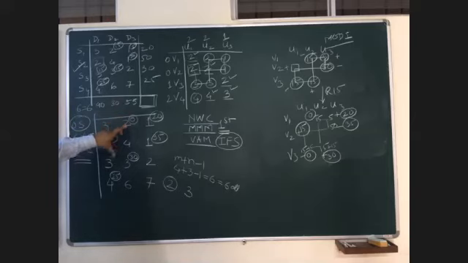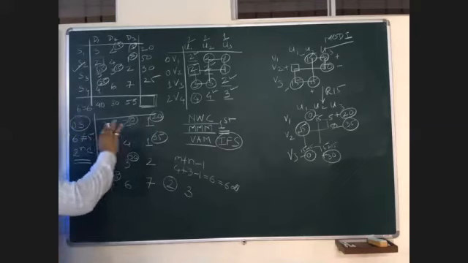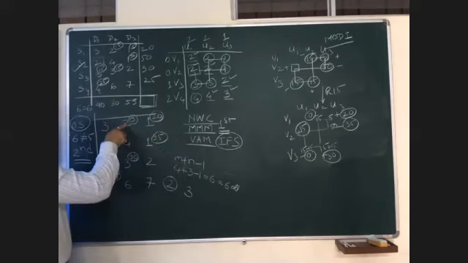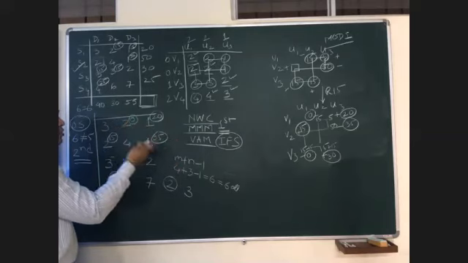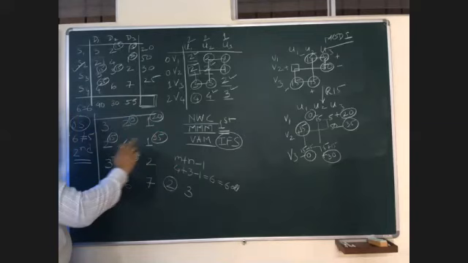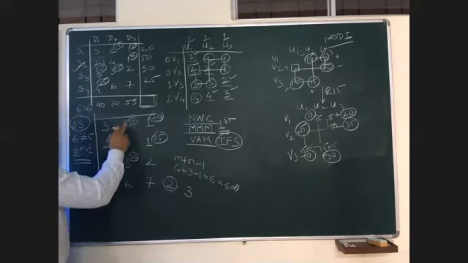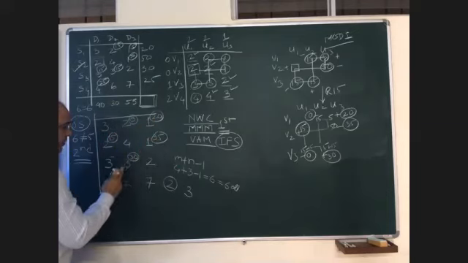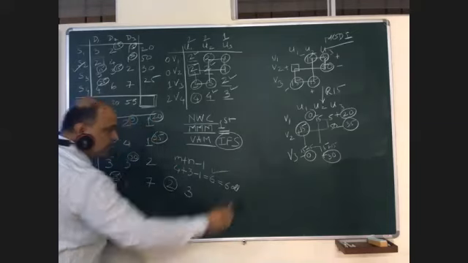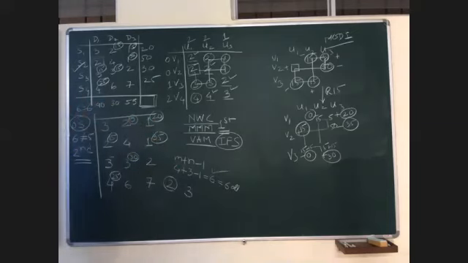Because 2 is lesser than 3 and 2 is the lowest cost. So I'll put 0 here, right? This will not add anything to your final answer, because 2 into 0 is 0. So your final cost remains the same, but your degeneracy is resolved. 1, 2, 3, 4, 5, 6. Clear?